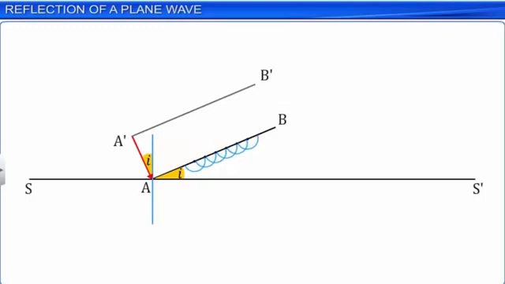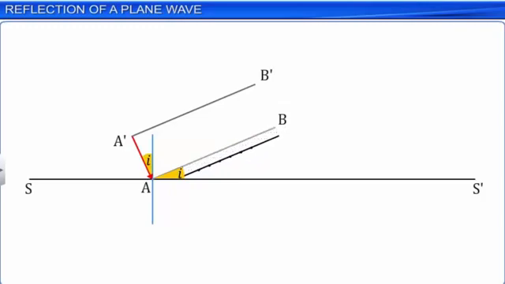Since the surface SS' is a reflecting surface, the intensity of the secondary wavelets from A is maximum in the backward direction and minimum in the forward direction. Thus, we can say that the secondary wavelets from A propagate back into the same medium.